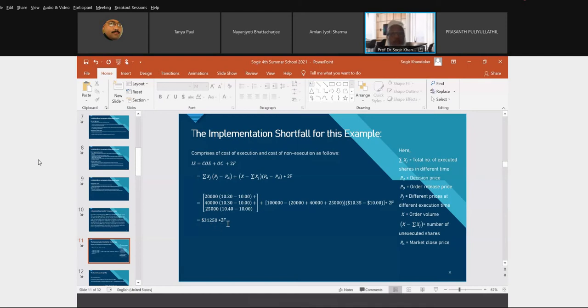This is the total calculation of implementation shortfall. But if we want to split this total by the components of implementation shortfall, then we need to calculate each component separately.